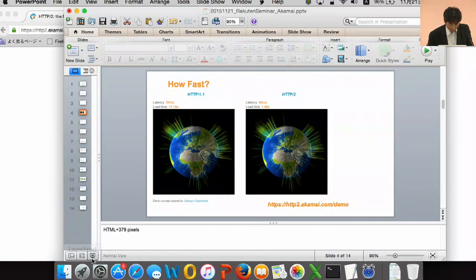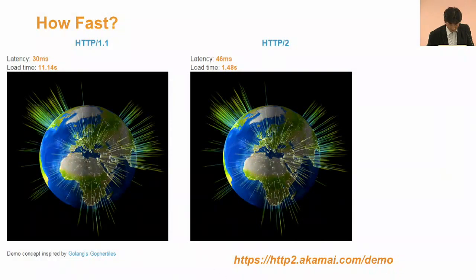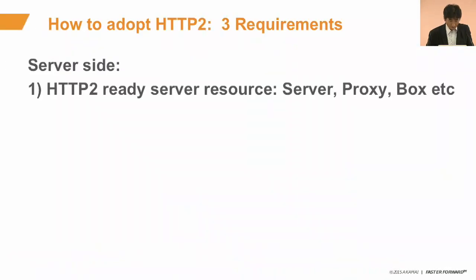Okay. So there are three major requirements to adopt HTTP2 protocol. First one is server-side resources. You definitely need to have an HTTP2 ready server. And there are a couple of different types of implementation out there.